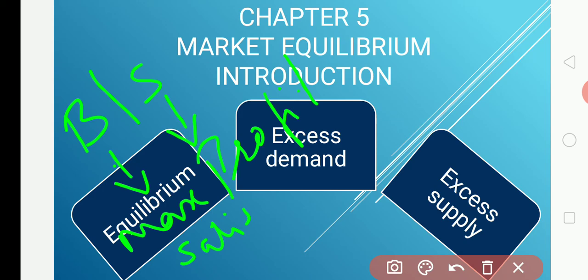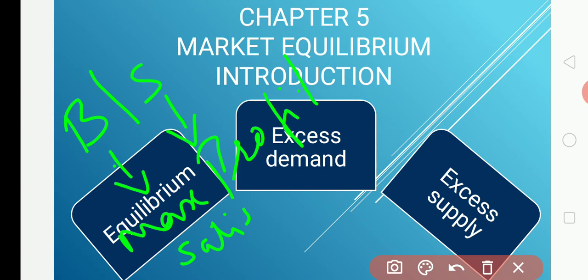From chapters 2 and 4, the objective of the consumers is to maximize their respective preferences, and that of the firms is to maximize their respective profits. So both the consumers' and the firms' objectives are compatible.